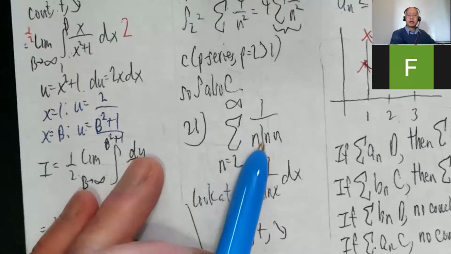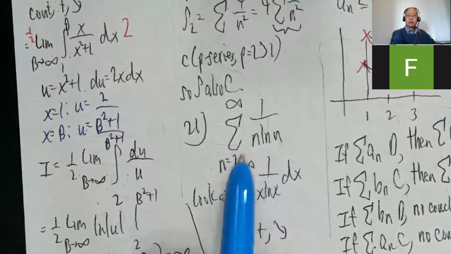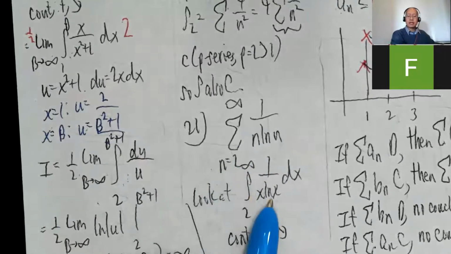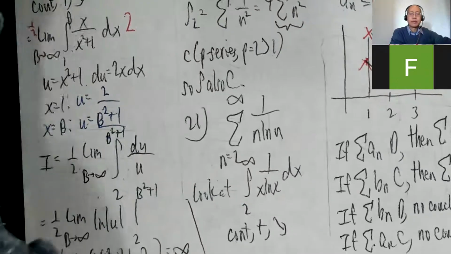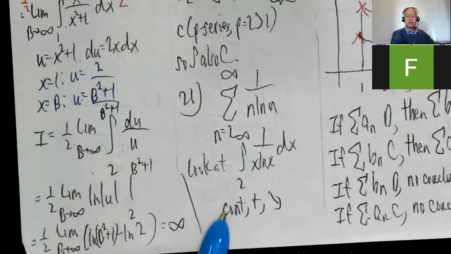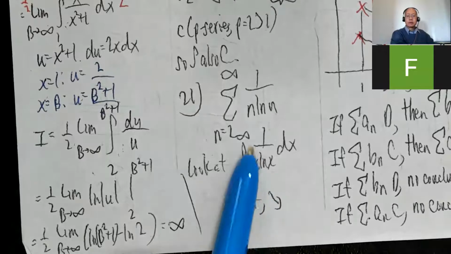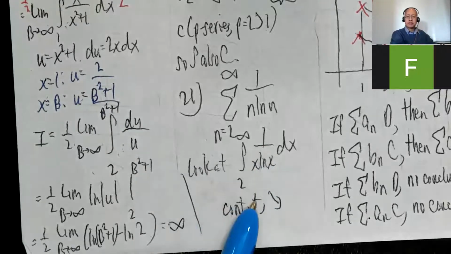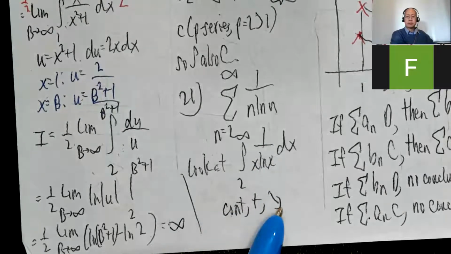So use the integral test, which means just change this to an integral. Change n to x. So integral from 2 to infinity of 1 over x ln x dx. It's continuous. Rational functions, continuous. Ln, continuous. Product or quotient, continuous. It's positive, and it's decreasing.